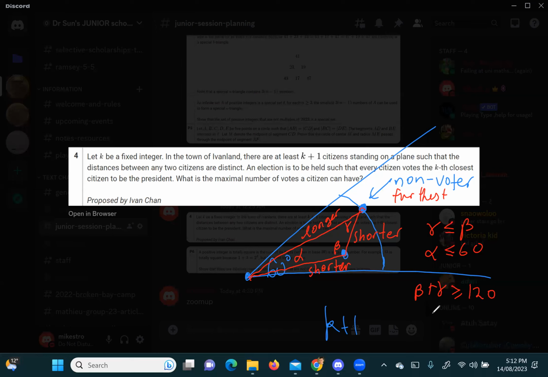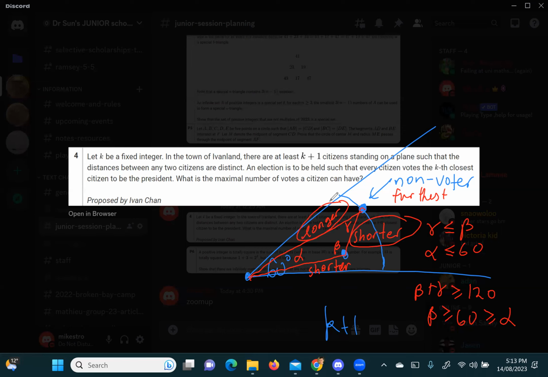Alpha is less than 60, and beta is bigger than gamma, so beta must be bigger than or equal to 60 degrees, right? Yes. Which means it's bigger than or equal to alpha. Which means the lengths are bigger, yeah? So this is in fact shorter than that, yeah?